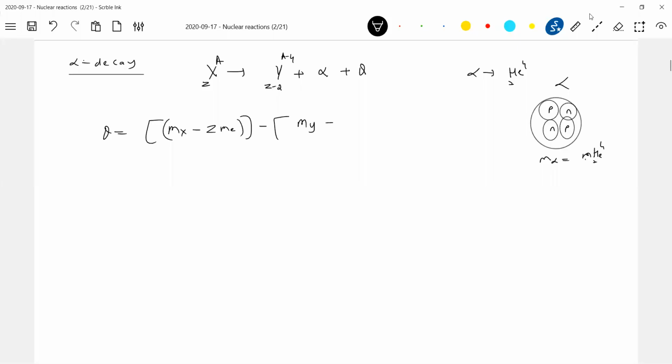Mass of daughter, so 2 electrons, c square. This is c square, plus mass of alpha helium minus 2 me.